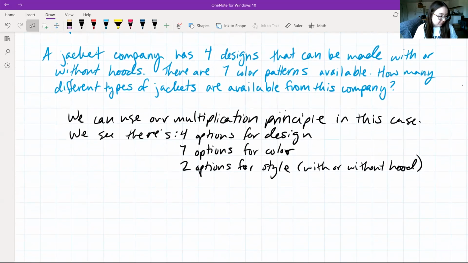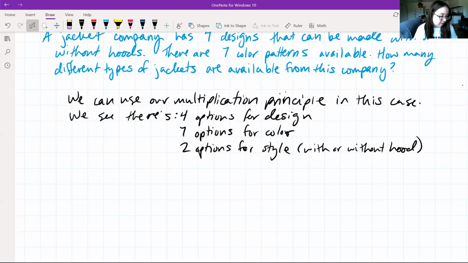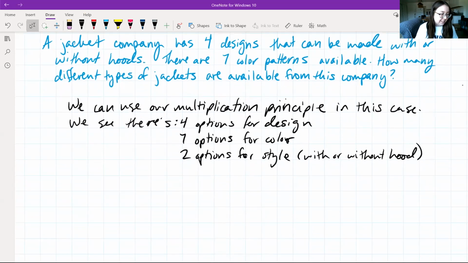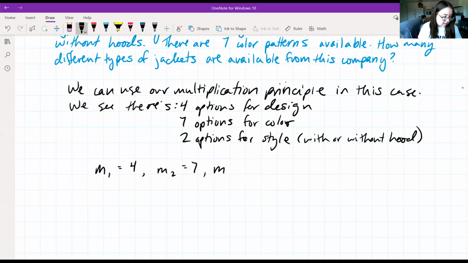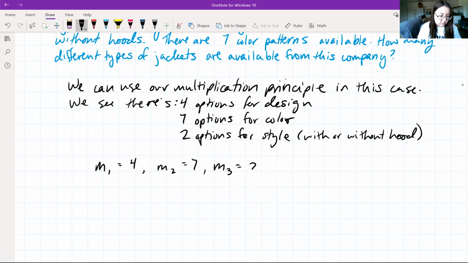Then what we can do is label each one of these with a different variable. So we can say M1 is going to be equal to 4. M2 is going to be equal to 7. And M3 is going to be equal to 2.